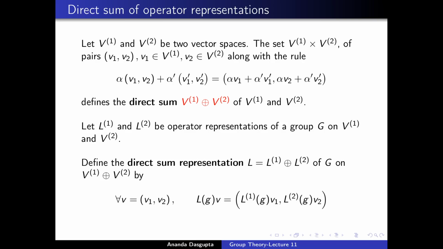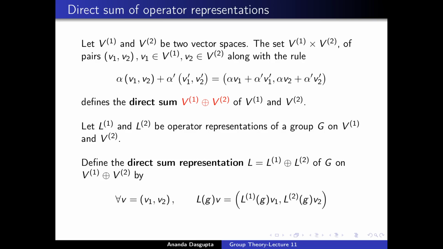The first entry of that pair is what L1(g) does to v1, and the second entry is what L2(g) does on v2. So notice that this is where, both at the level of the way in which the vectors combine and the way in which the operators act on the individual vectors, we have independence among the two vector spaces. Basically, each vector space is doing its own thing.